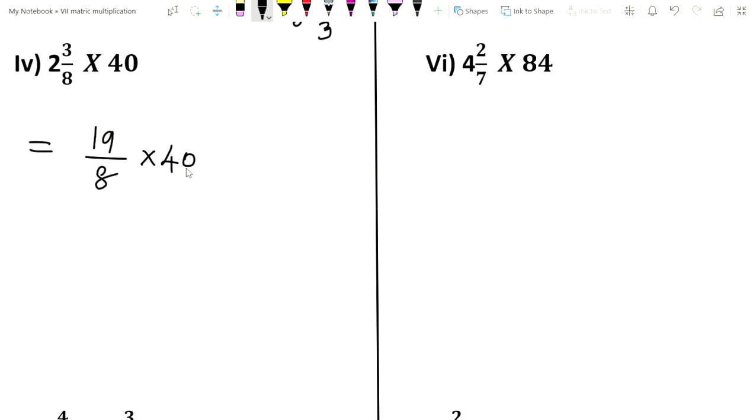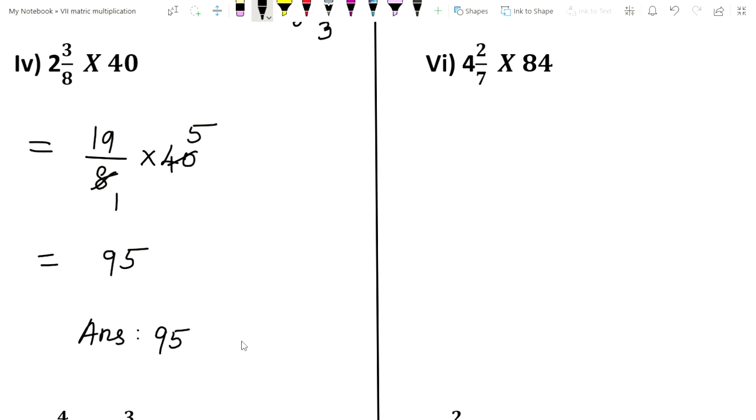And crossly you check here. The common factor is 8. So 8 ones are 8. 8 fives are 40. Okay, now you multiply the numerators. 5 nines are 45. So 5 remaining 4. 5 ones are 5. 5 plus 4, 9. So what is the answer? 95. Here denominator is 1. So 95 by 1 you get 95 only.